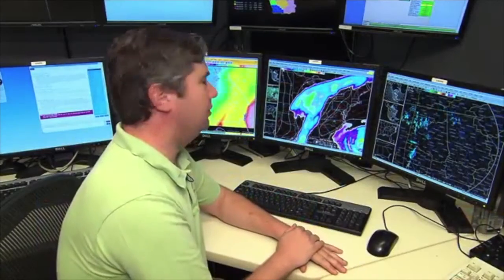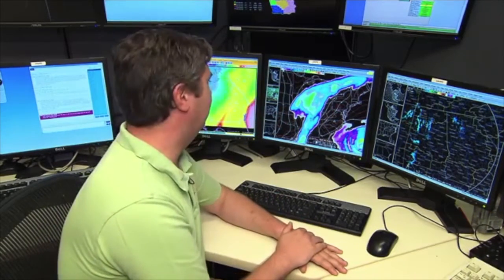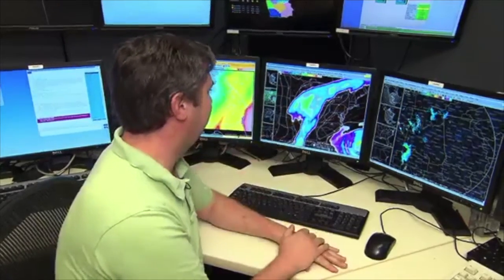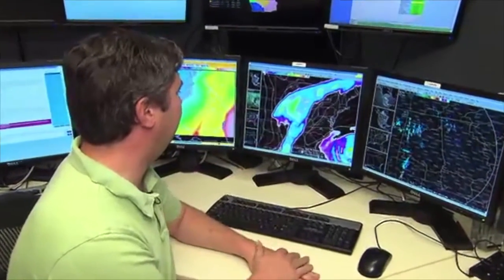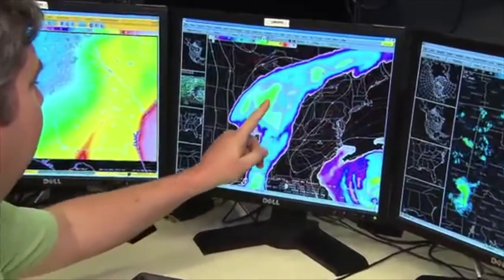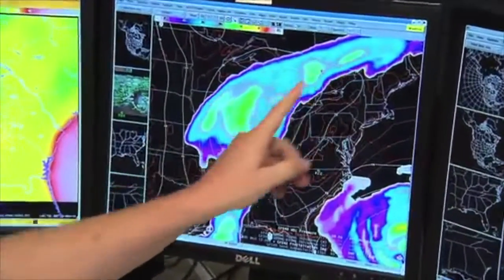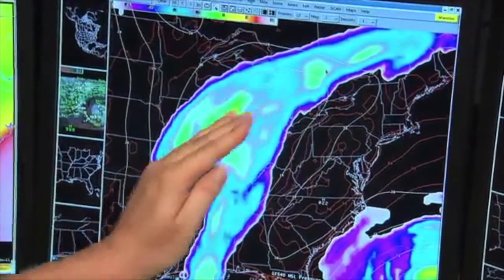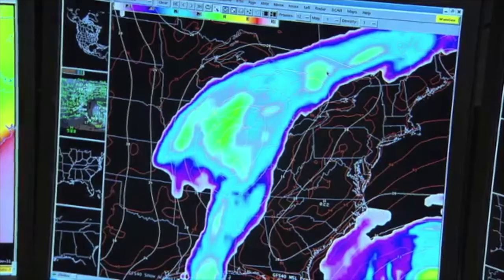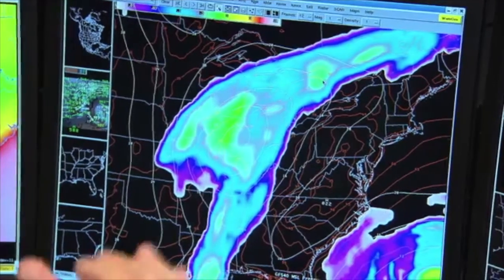When our meteorologists are trying to determine what type of precipitation we're anticipating for the state, we're looking at a variety of computer model data. What I'm showing on the screen is actually live weather data that's occurring today in the Midwest U.S. There's a low pressure system here over Illinois and a wide area of precipitation with a cold front and warm front in this area. We don't just look at temperature at the surface, we're actually looking at conditions throughout the depth of the atmosphere.